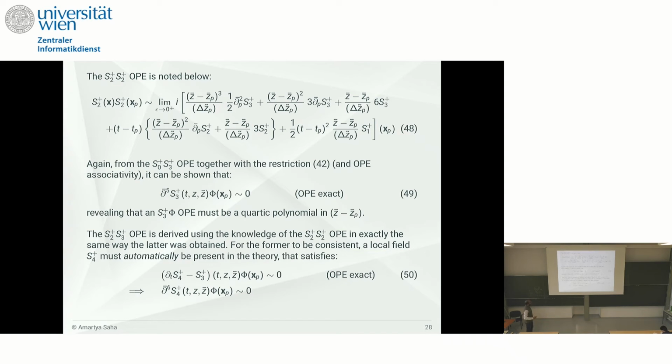If you follow the same steps, you can see that for the S2 plus S3 plus OP to be consistent, you have to have a field S4 automatically existing in the theory that satisfies equation 50. And of course the S4 phi OP has to truncate at fifth order.